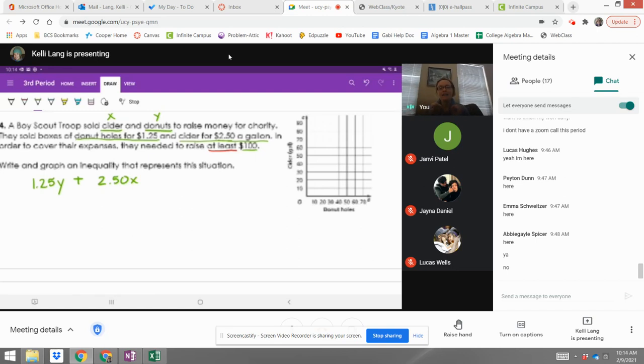This is at least $100. So this could be bigger than or more than $100. That would be fine. But $100 is the bottom, the minimum that we want. So this amount that we earn has to be greater than or equal to 100. That's what that symbol means.